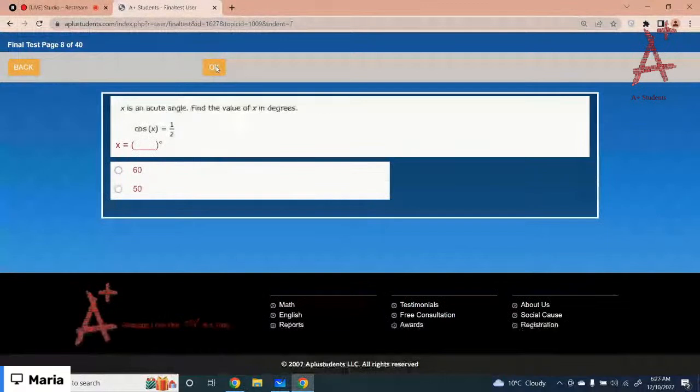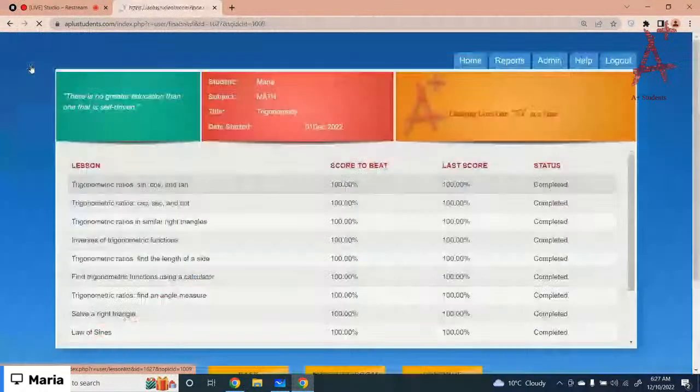Okay, you can complete the test by yourself later today. Let me just move on to the next chapter, because we have just finished the chapter on trigonometry. We're going to start a new chapter, that is factoring.